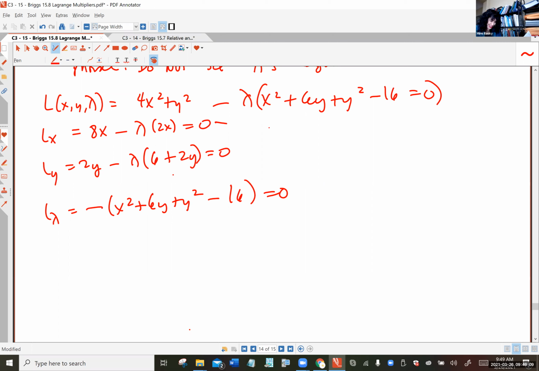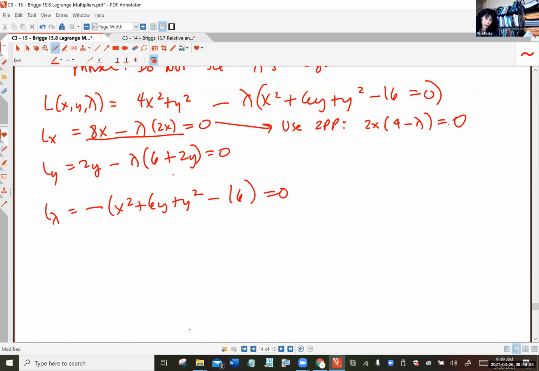So this will help you. Use the ZPP. What's that? Well, that's when you factor, and you get a product equaling 0, and then you set the factors equal to 0. So when I factor out a common factor from 8x minus lambda times 2x, a common factor is 2x.